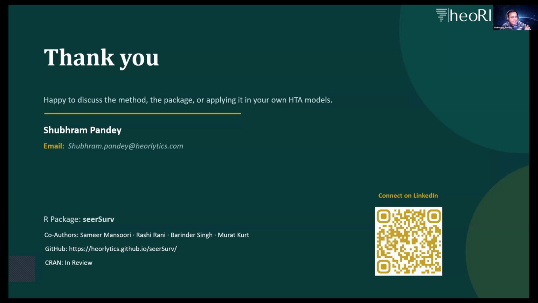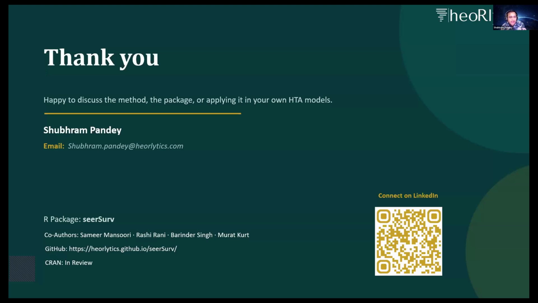Rather, the SEER-derived transitions represent the natural history rates. So if you have in your model, let's say, the SOC or placebo, there you can apply these, and then based on some relative effect you can calculate the transition probabilities for others. So this method gives you a starting point rather than randomly guessing the number or picking the number from some source and then defending it.